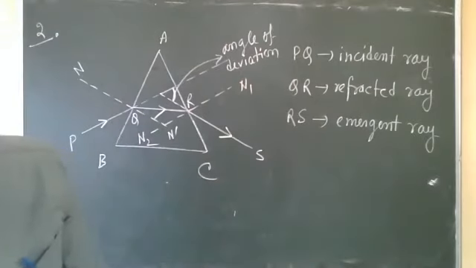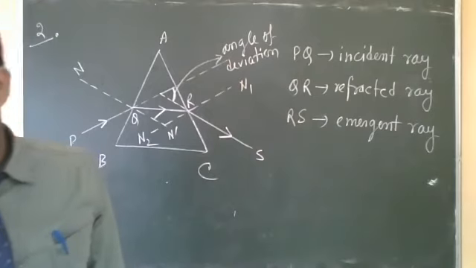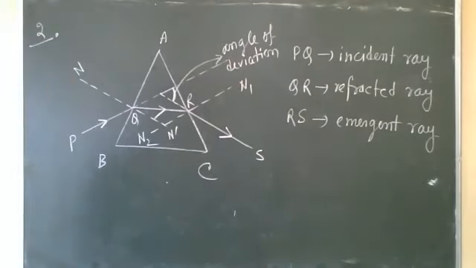Before erasing, I am telling the second part also for this diagram. In what way the direction of the emergent ray in the two cases differs with respect to the incident ray. Here, the emergent ray and incident ray will make an angle.